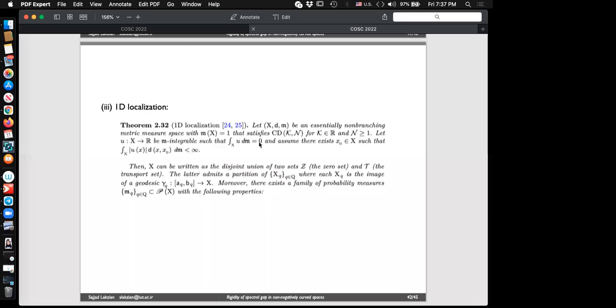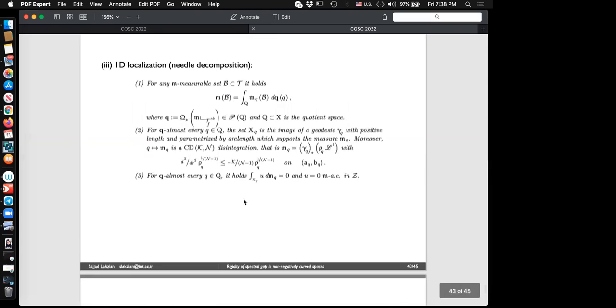For one, you can assume that the L2 norm of u is 1, and you minimize the Dirichlet energy. The other version is that you assume u is not 0 but its integral is 0, and then you minimize the Rayleigh quotient. These two are equivalent to imposing Neumann boundary conditions.